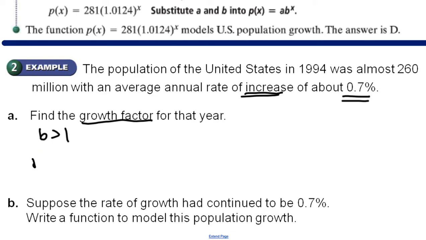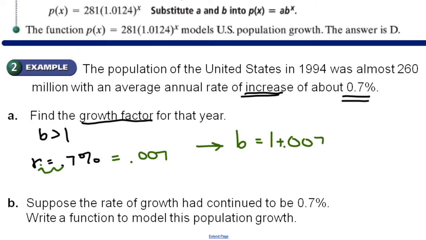Since the rate is 0.7%, in order to get the decimal, we need to move that 2 places to the left. So that gives us 0.007. Therefore, your growth factor is equal to 1 plus 0.007, which is 1.007, right? Because the b up above is 1 plus r. So we've got 1.007 as the growth factor.